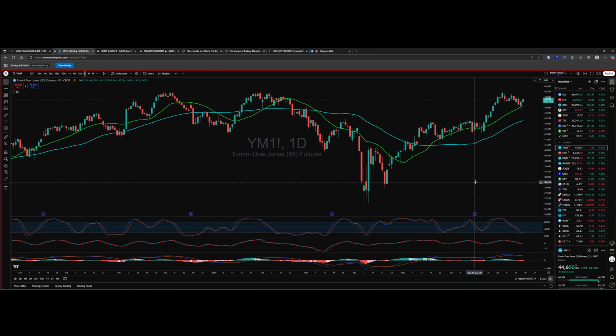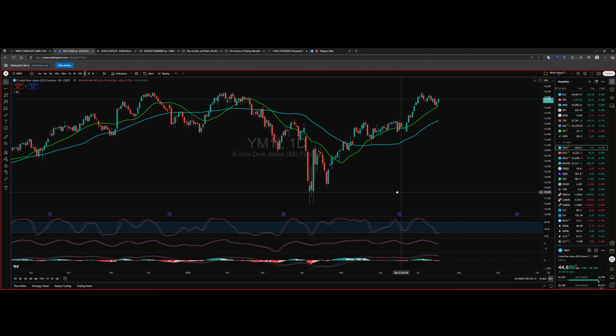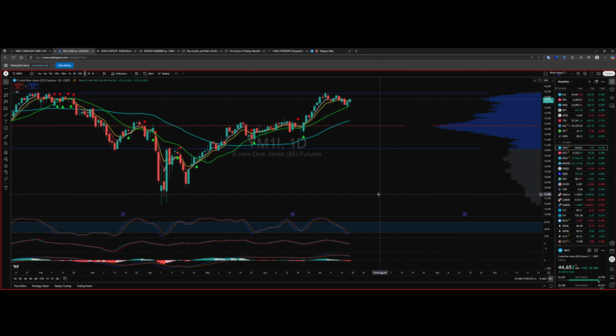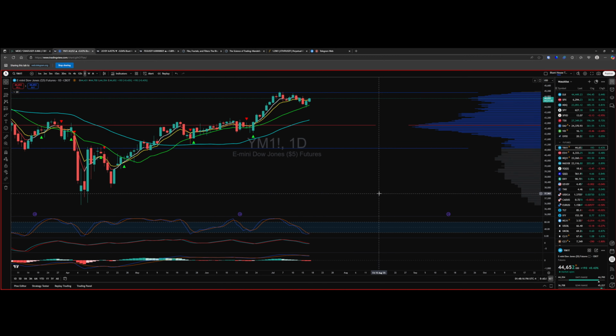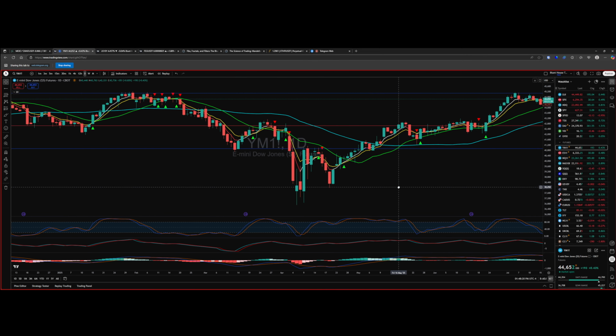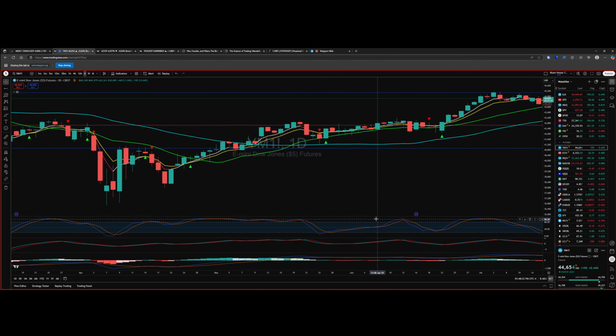I'm going to go to YM again because it's the Dow, right? The contract for the Dow, and it allows me to use the volume profile. And we looked at this chart on Tuesday as well. What did we talk about on Tuesday? I'll remind everybody. We were looking at this candle right here, this red candle.